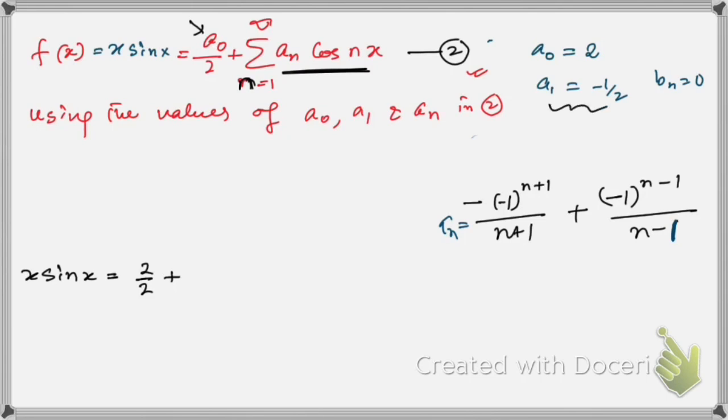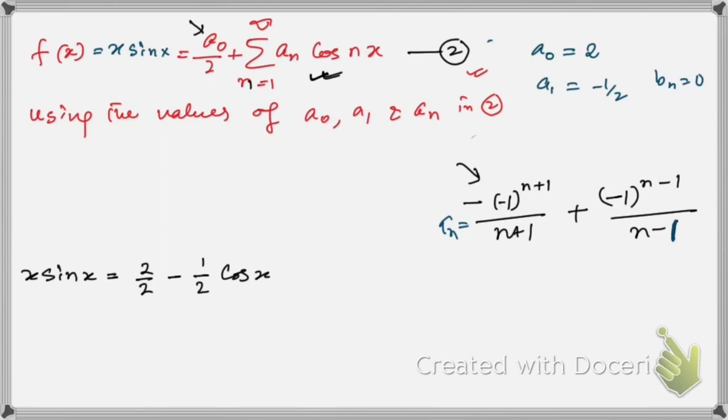Here we have to put a1 is equal to minus half, so we have to write minus 1 by 2, then cos nx means cos 1x, so we can write cos x. Then for n is equal to 2, what is this term going to be, right? We know the value of an is this, so just put 1, 2 and 3.